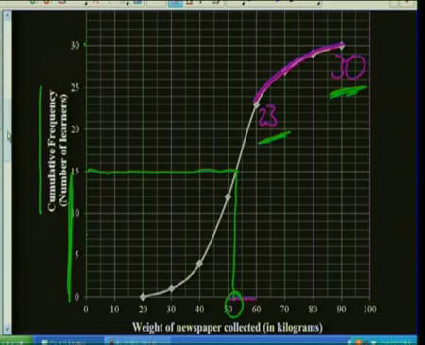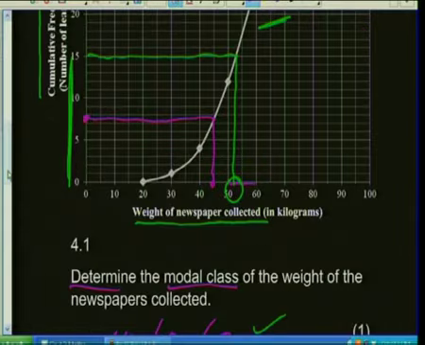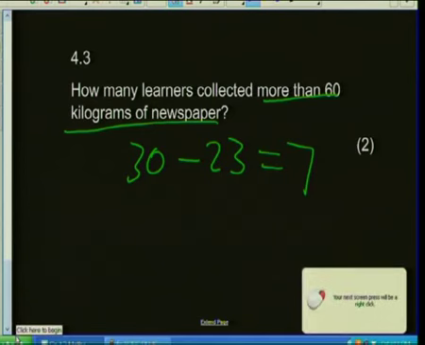With your ruler, you go across there, then you go down. Approximately 45. 45 is our lower quartile. So Q1 is 45 kilograms. I read this from the graph.